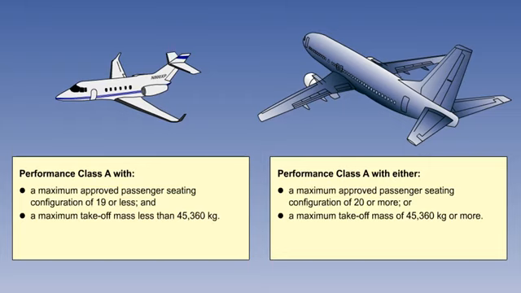Our interest lies with those aeroplanes designated Performance Class A. They are divided, for the purposes of this article, into those of maximum takeoff mass less than 45,360 kilograms, with a maximum approved passenger seating configuration of 19 or less, and those which exceed either of these limitations. In this section, we will call the first group smaller airliners and the second group larger airliners.